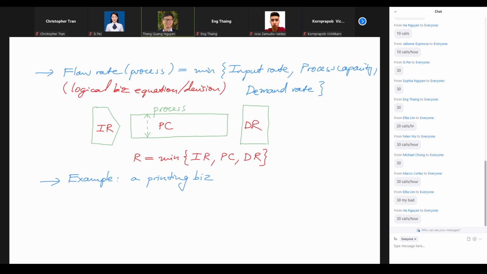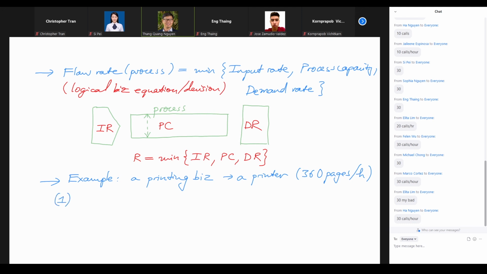All right, so we have a printer with a capacity of 360 pages an hour. Right, in 1 hour, that printer can print out 360 pages. And we would need to look at this printing business through three scenarios.